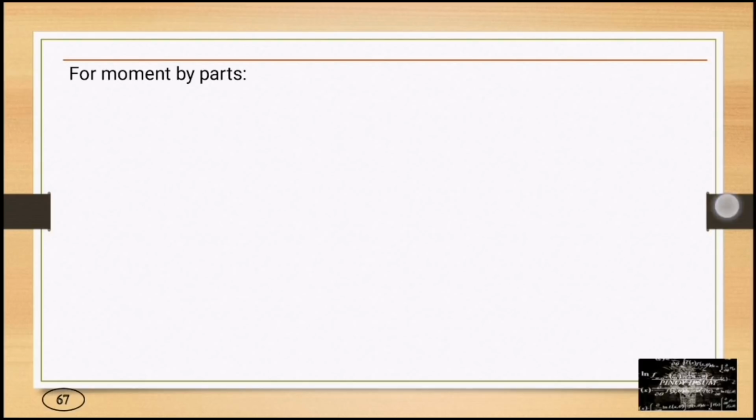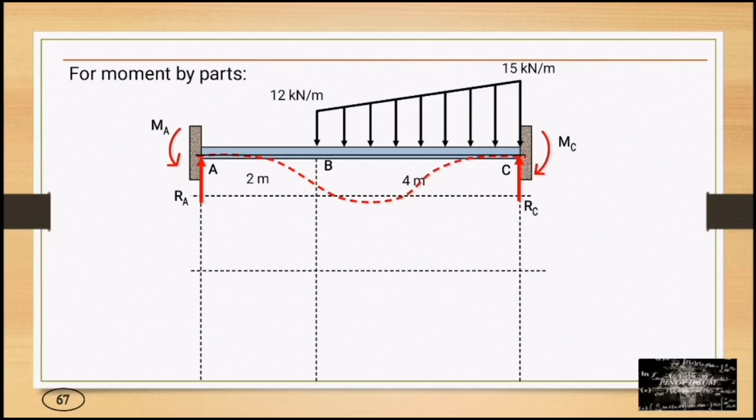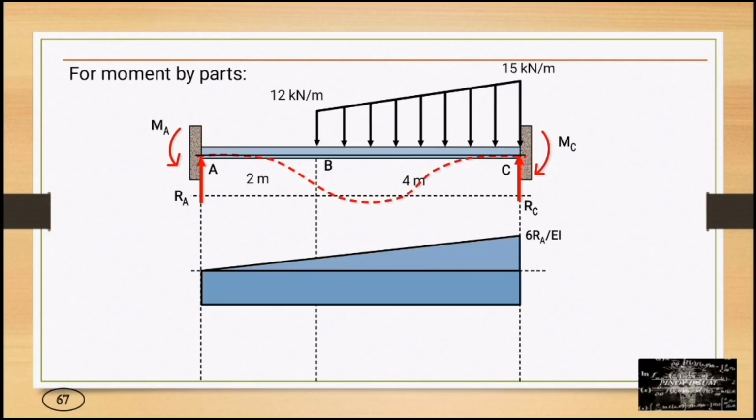For moment by parts, so we take resultant moment at point C. So for RA, we have 6 RA over EI. For MA, we have negative MA over EI. For trapezoidal load, hahatiin natin yan.